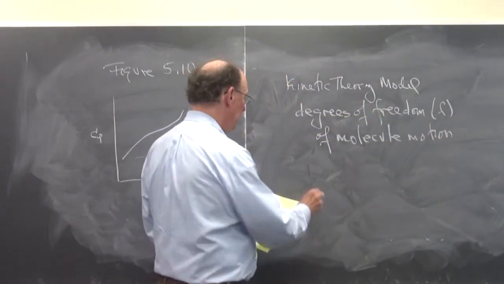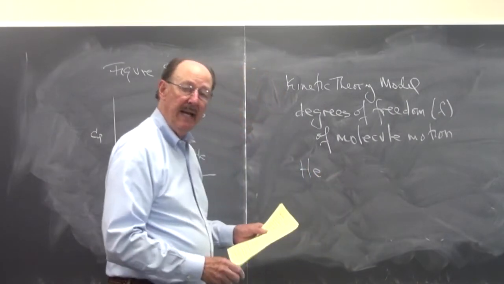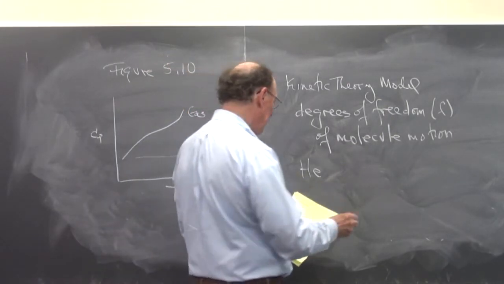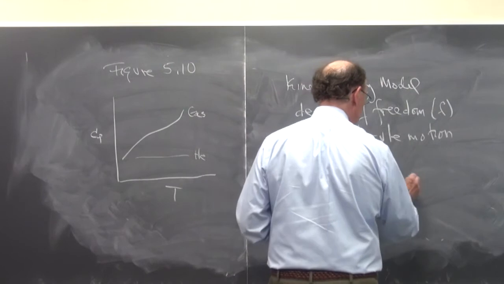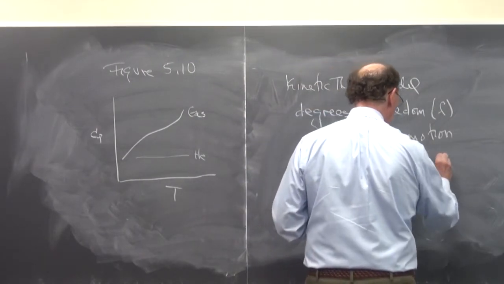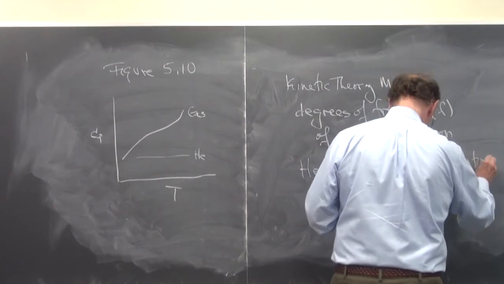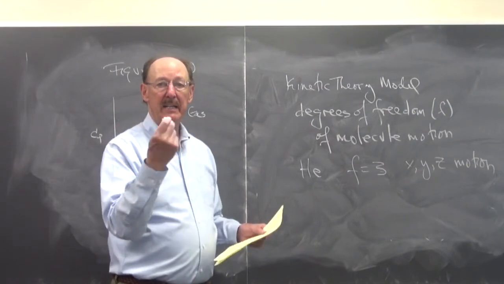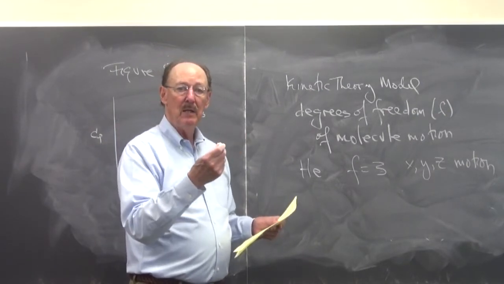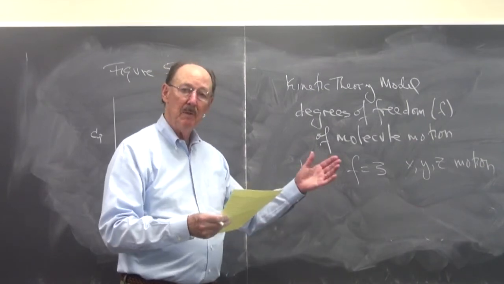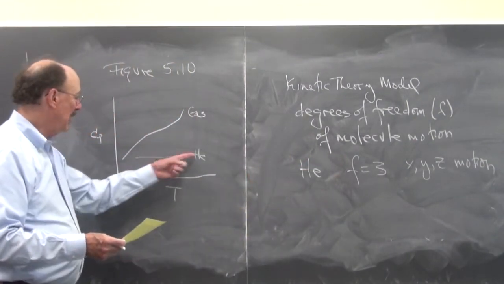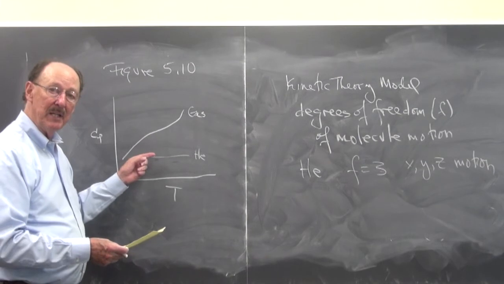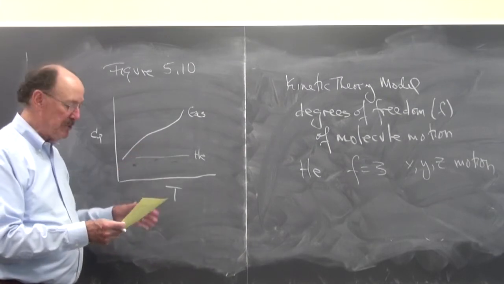Now for helium, it can move in the XYZ direction, so it can go this way, or back and forth. And so we have 3 degrees, so F is equal to 3, and it has to do with the XYZ motion. And we saw that translational kinetic energy relates to temperature. So as the temperature goes up, everything remains constant. So I have a constant value here because we're not introducing other modes of energy storage.